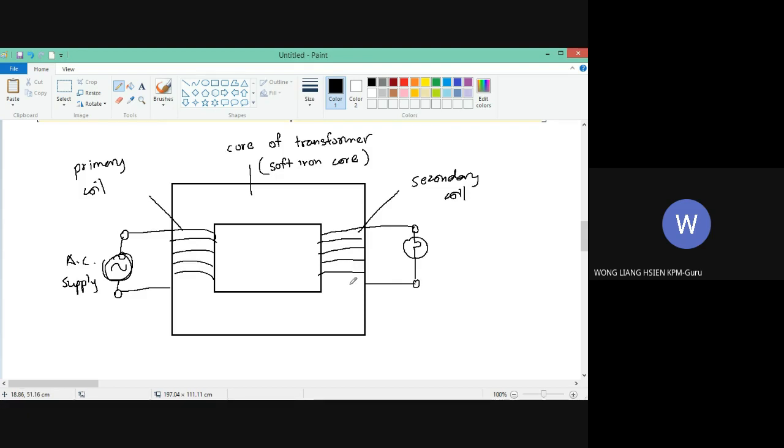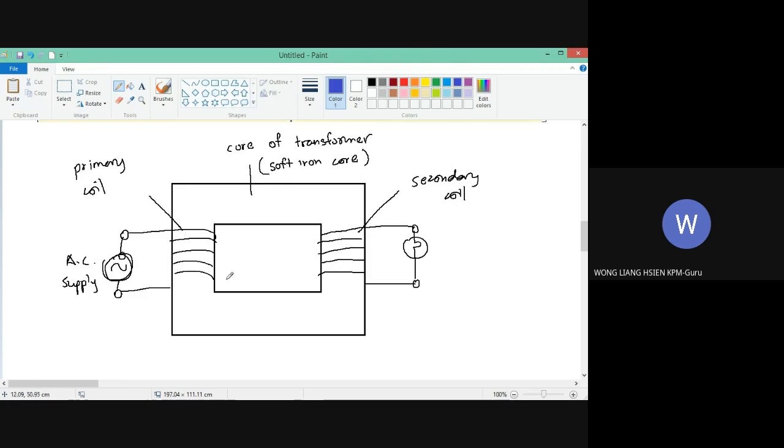Now, how does it work? You see, the primary coil and the secondary coil are not directly connected. That means the current that flows in the primary coil doesn't directly flow to the secondary coil. The circuit in the primary coil and the circuit in the secondary coil are separated.